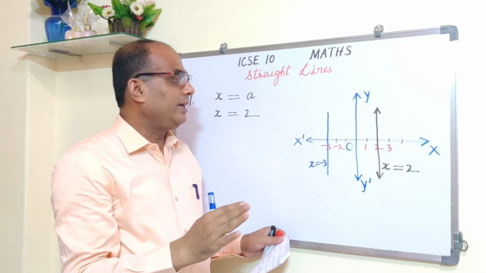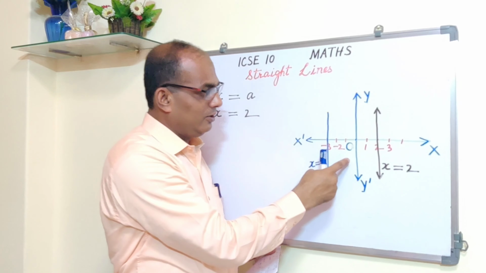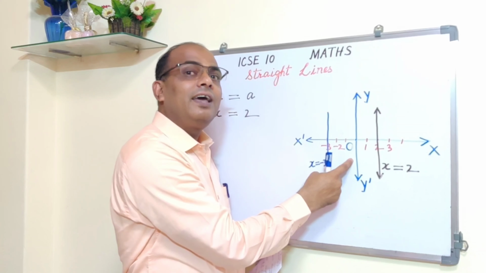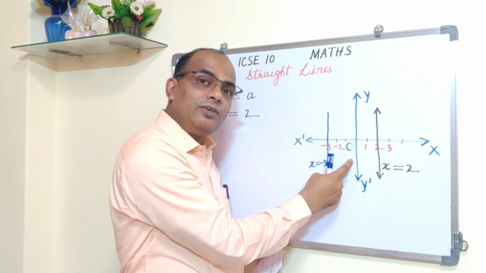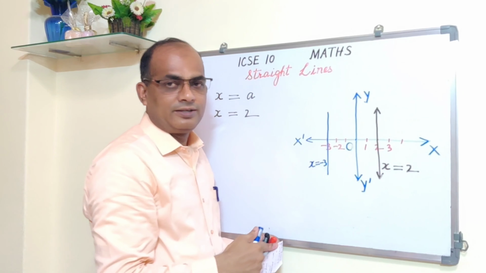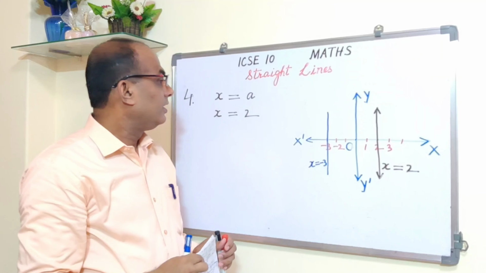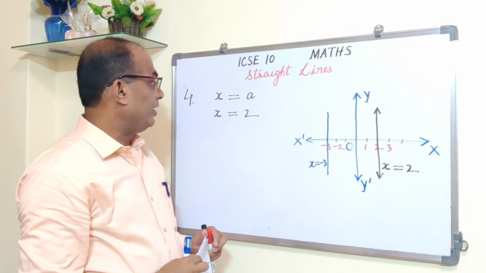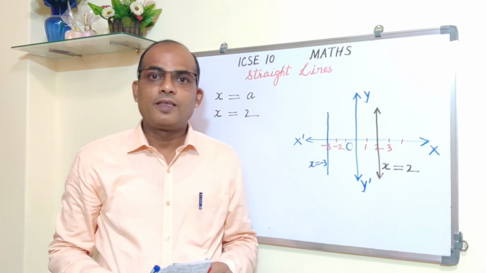So x is equal to a is the equation of a line which is parallel to the y-axis and at a distance of a unit from the y-axis or from the origin. I hope these points are very, very clear.